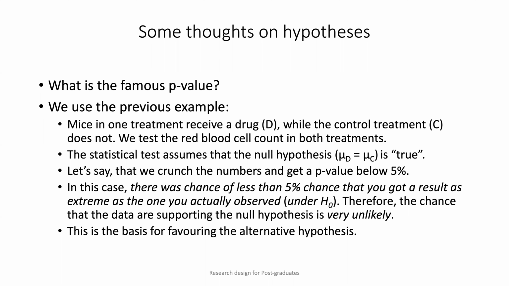Therefore, the chance that the data are supporting the null hypothesis would be very unlikely, because it's a very small chance. So it's only a 5% chance that this really did happen. And therefore, it is a significant effect, and we have the basis for favoring the alternative hypothesis, which means then that these two means are actually significantly different from each other. This is what the p-value basically tells us.